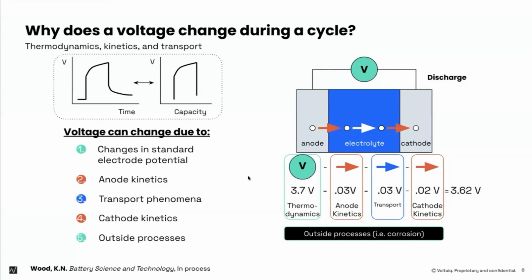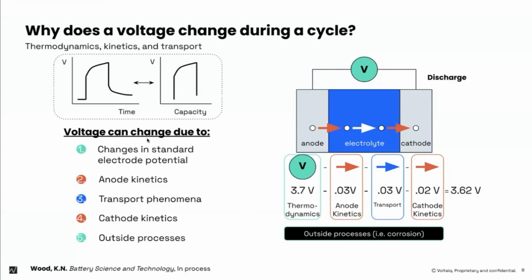You basically sum all this up. If your thermodynamics said my open circuit voltage was like 3.7 volts, then depending on how fast you want to do this and the C rate you're at, all of these losses get summed up, and eventually you get the voltage that the system is actually going to be at.